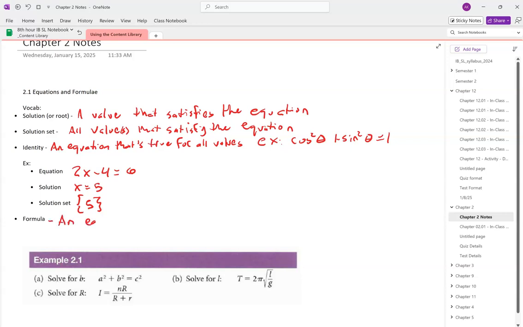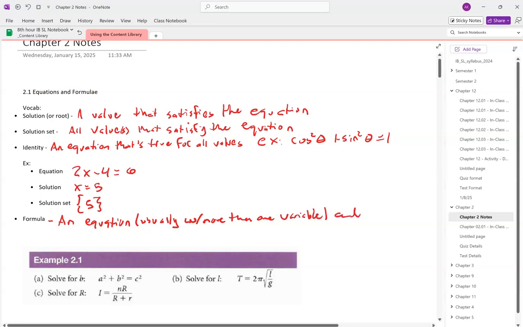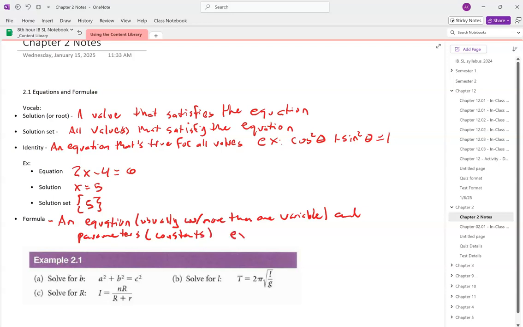Anyways, what's a formula then? Well, it's an equation, usually with more than one variable, and often has parameters or constants in it. So for example, the area of a circle is pi r squared, right?